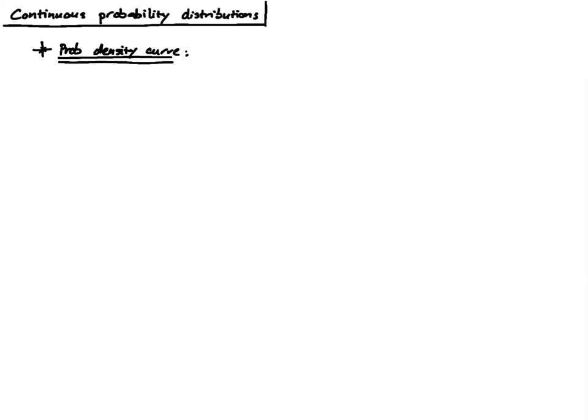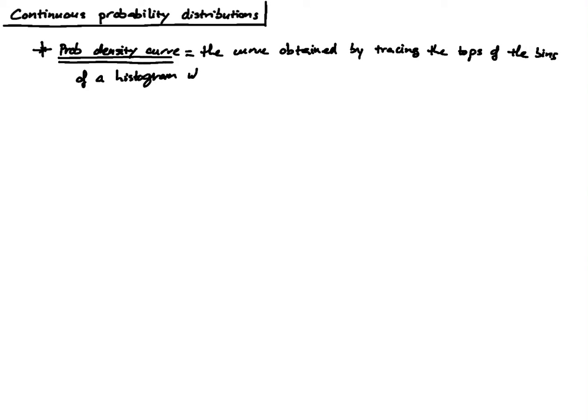The probability density curve is the curve obtained by tracing the tops of the bins of a histogram when the number of bins is very large.